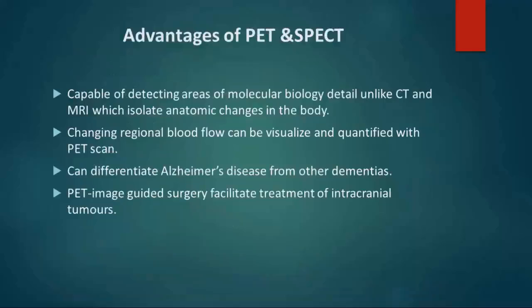So what are the advantages of taking PET and SPECT scans? PET and SPECT are capable of detecting areas of molecular biological details, unlike the CT and MRI, which isolate anatomical changes in the body. So, for example, let's say a patient is having a seizure.